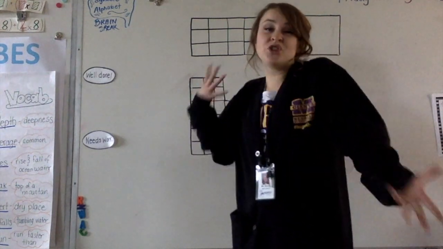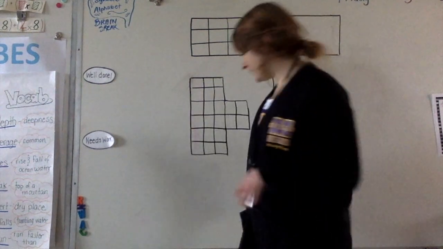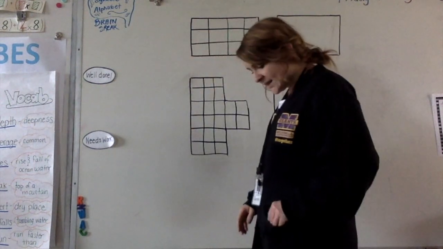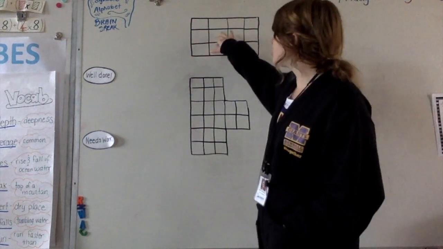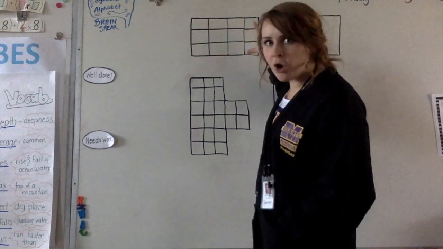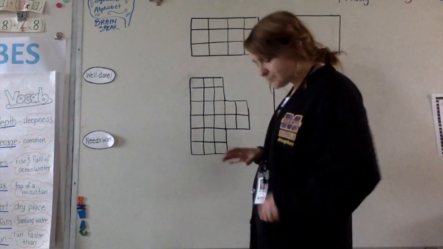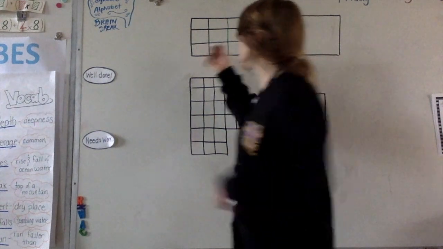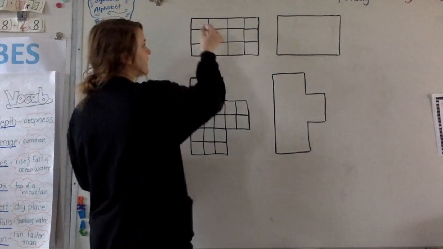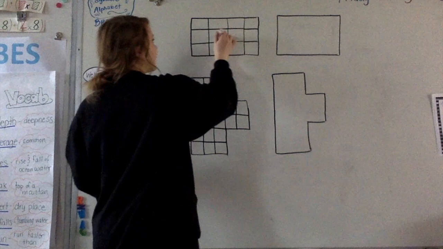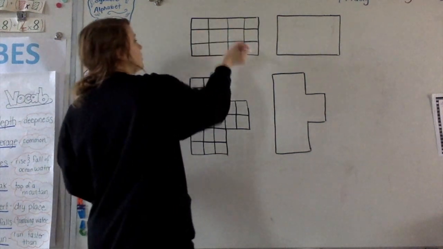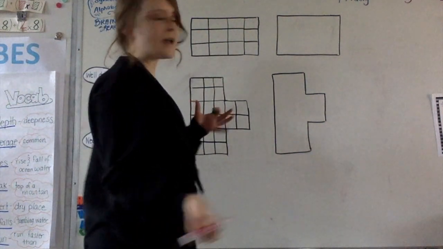To start, we'll start out with one that is regular. To remind ourselves, we need to find the area of this regular shape. It's just a normal rectangle. We can do a strategy where we just count the unit squares. We could just say 1, 2, 3, 4, 5, 6, 7, 8, 9, 10, 11, 12. 12, okay? So I just counted them.